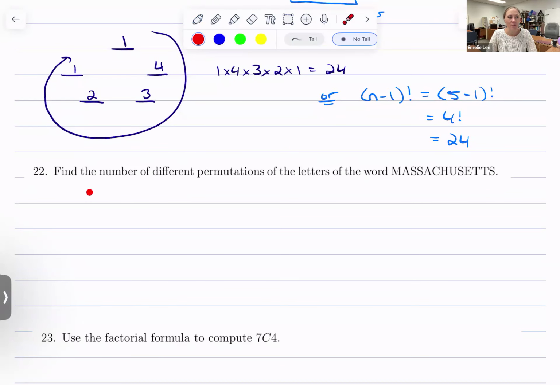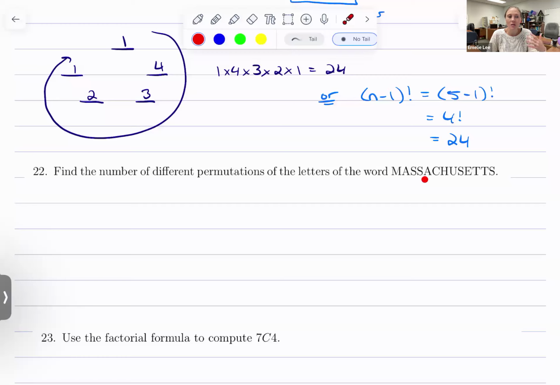Question 22. Find the number of different permutations of the letters of the word Massachusetts. Uh-oh. Whenever we have repeating elements, then this first A and the second A, in terms of a word, they're no different from each other.